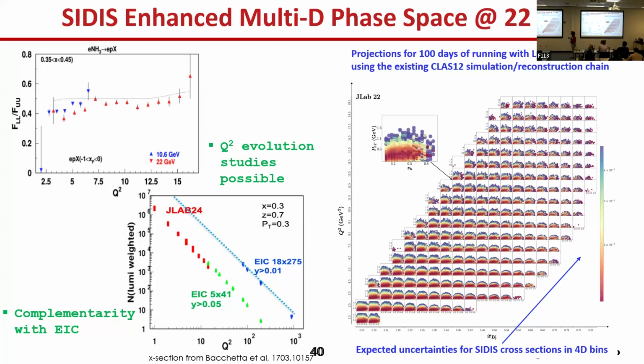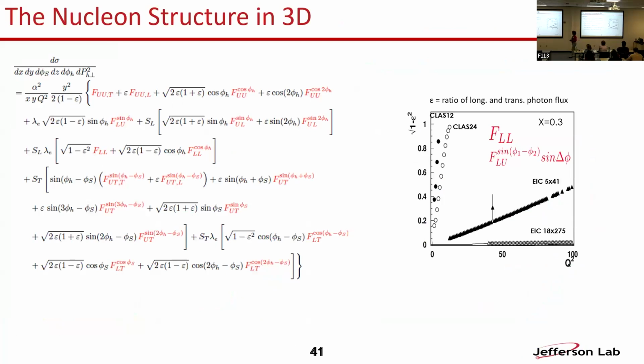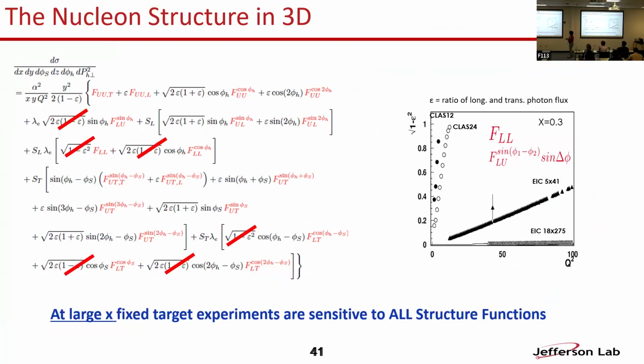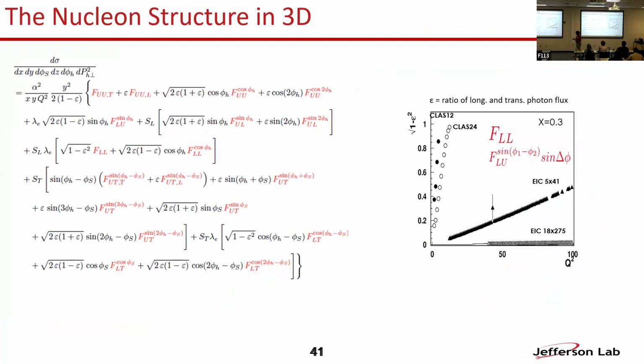And to give you another impressive way to show the power that we have with this high luminosity, this is the error that we have in the cross-section in all these bins, and it is of the order of percent in a four-dimensional space. The other important information is that we can measure at JLab all the structure functions that appear in the cross-section.